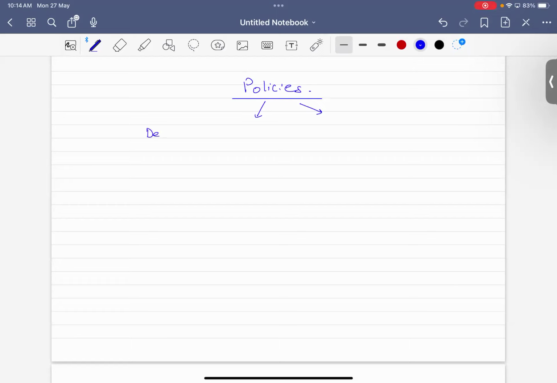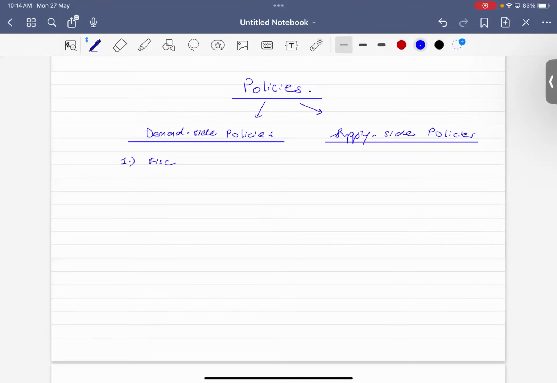Let me just quickly write again. Remember we said that we have demand side policies and also supply side policy. In the previous lesson, we talked about the demand side policies, which is the fiscal policy.